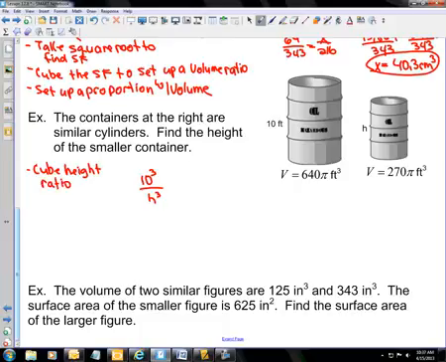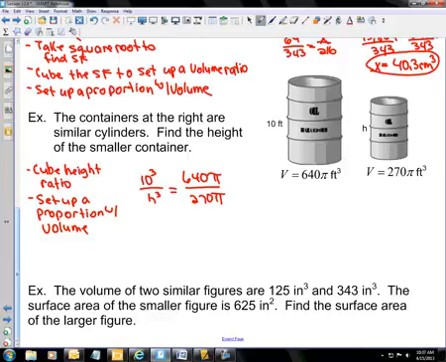And then I'm going to set up a proportion with the volume. So I cube my heights, and then I'm going to do the volume of one is to the other.